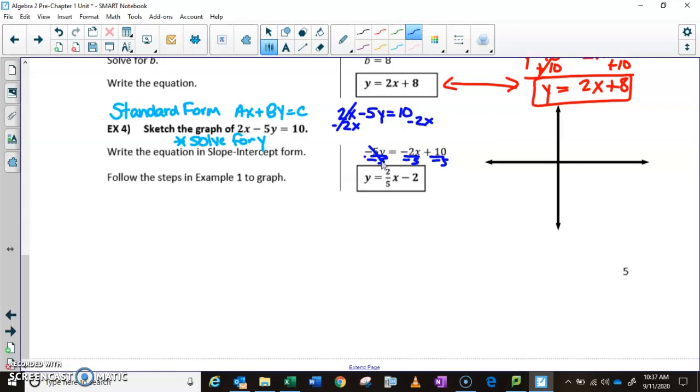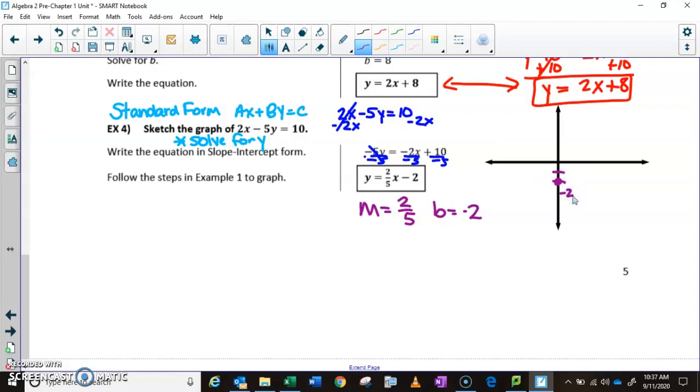So now we can think about going through and graphing it. So let's first identify: my slope is 2/5. My y-intercept is negative 2. So sketch yourself a graph. We need a set of coordinate axes. I have some drawn over here to the right. I'm going to begin at b, negative 2, on my y-axis.